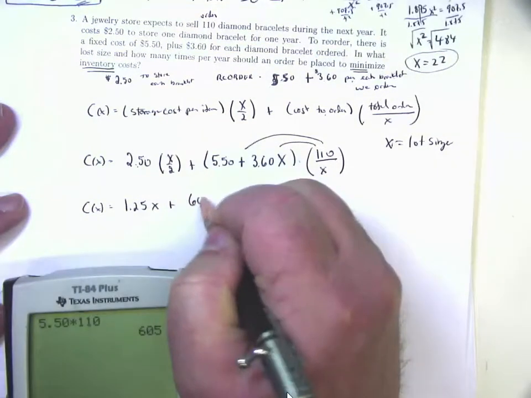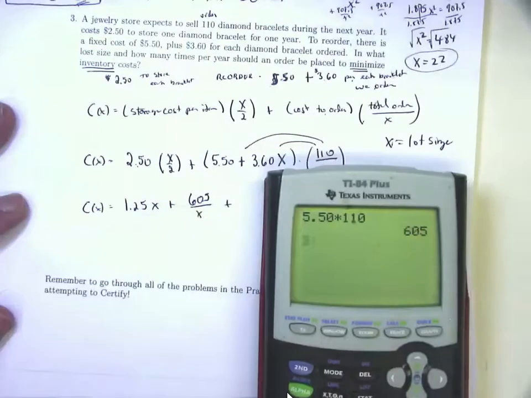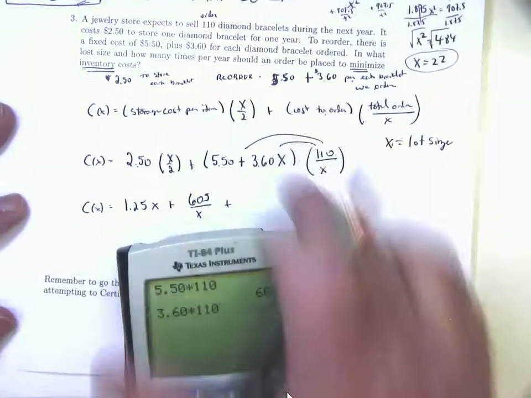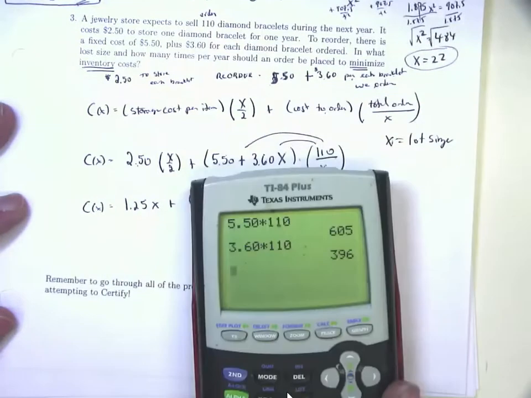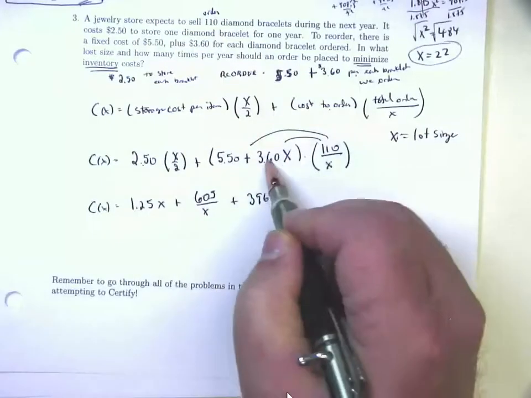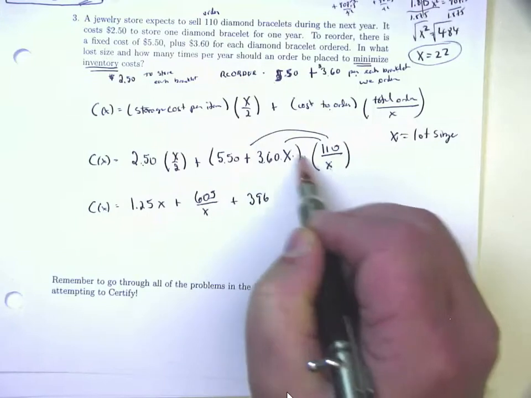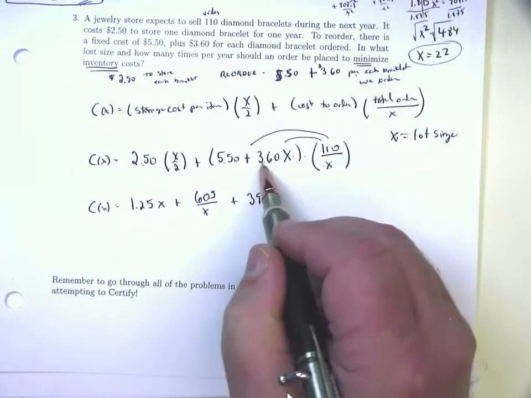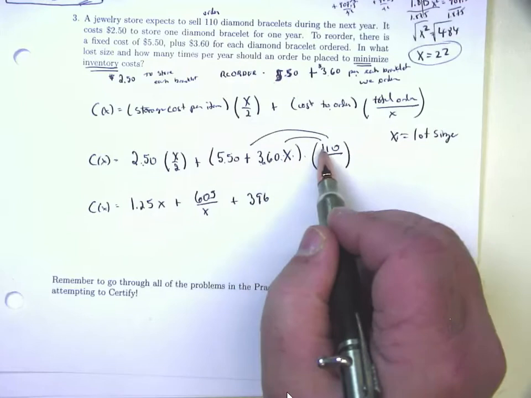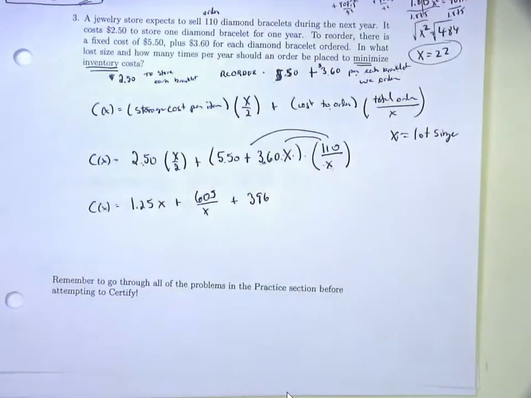That'll be 605 divided by X plus 3.60 times 110. Multiplying this and this, I get 396. But here, what is 3.60x times 110 over x? What happened to the x's? They cancel. That's where I just get 3.60 times 110. That's where the 396 comes from. So there is my equation, cleaned up.